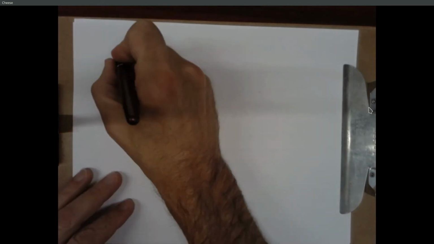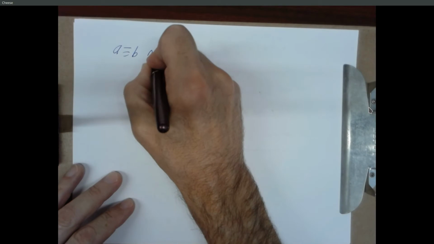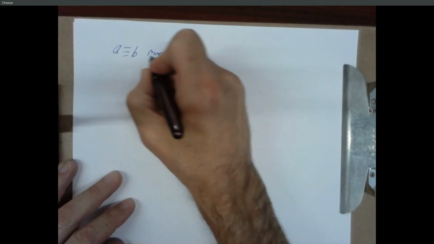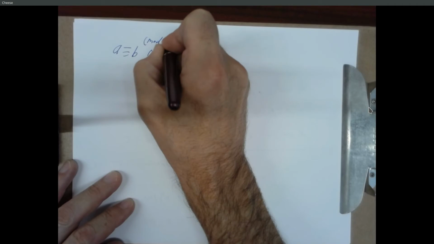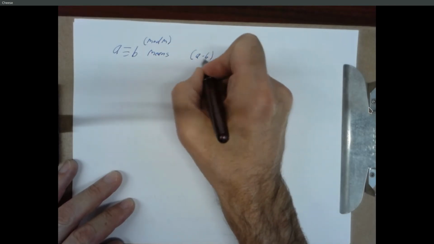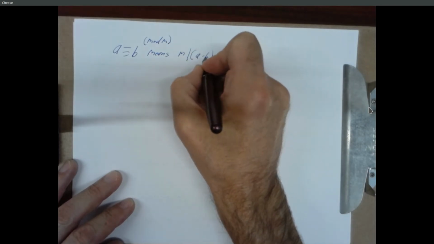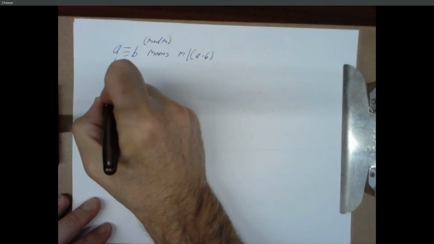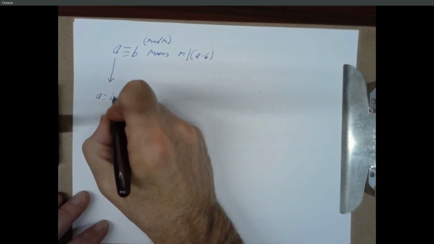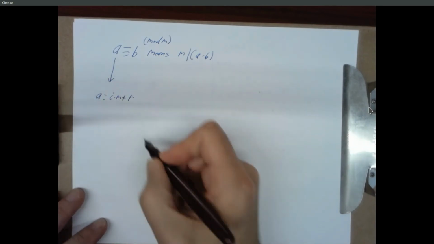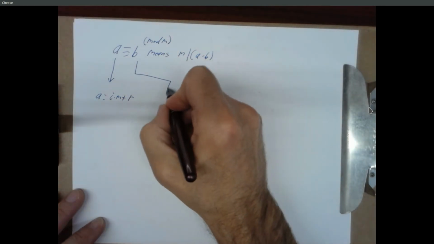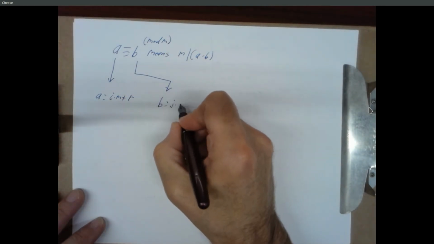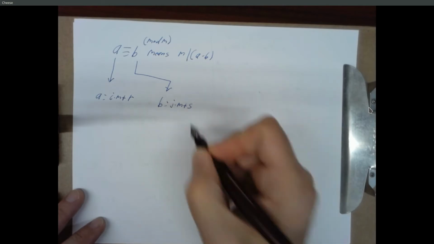And there's a different way to think of this. Let's just work mod m. This means a minus b is divisible by m. Well, let's go back to the division algorithm and let's try writing a as equal to something times m plus some remainder r. And let's write b as something else times m plus some remainder s.